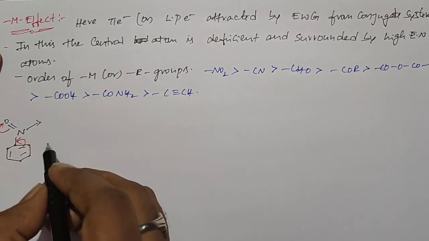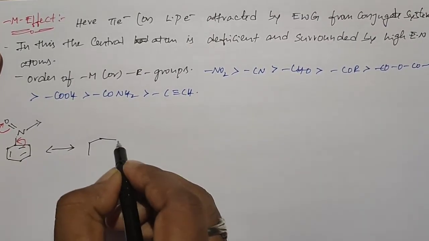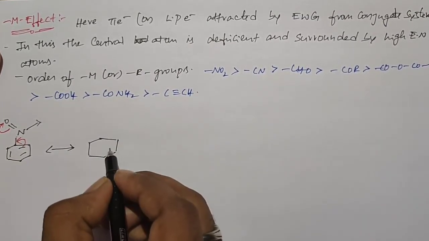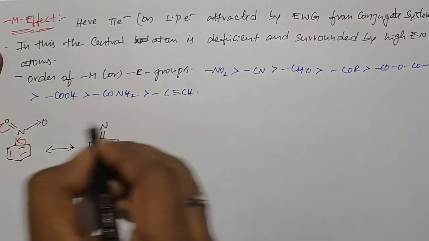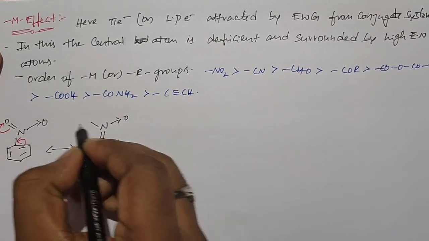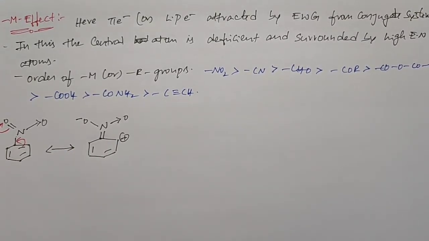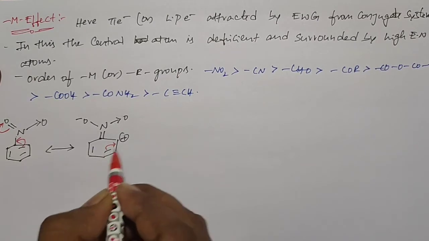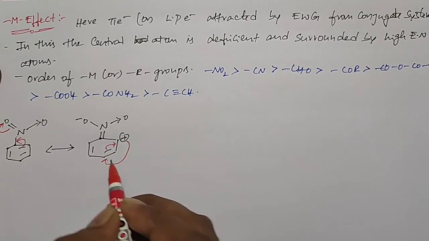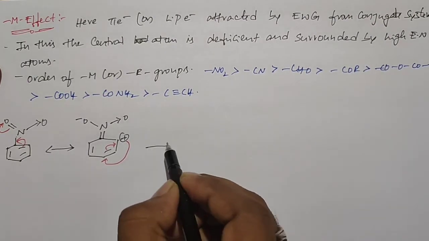Then we get the structure like this, and this carbon gets the positive charge. Again, these pi electrons shift towards here as pi electrons, and the positive charge shifts to this carbon. Then we get the next resonating structure.